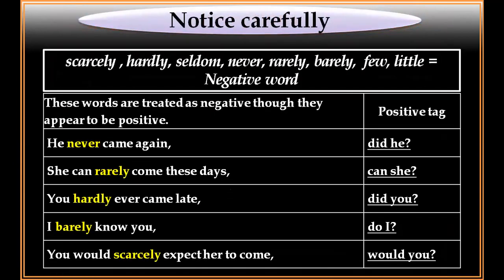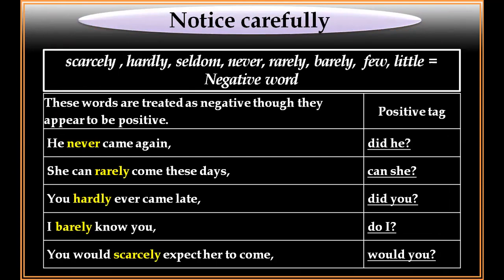Look at the sentence carefully. Scarcely, hardly, seldom, never, rarely, barely, few, little. These words are all negative words. These words are treated as negative, though they appear to be positive.